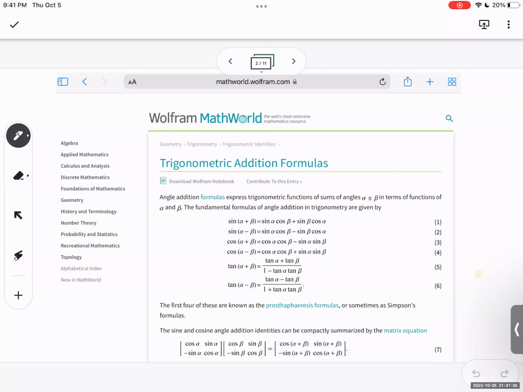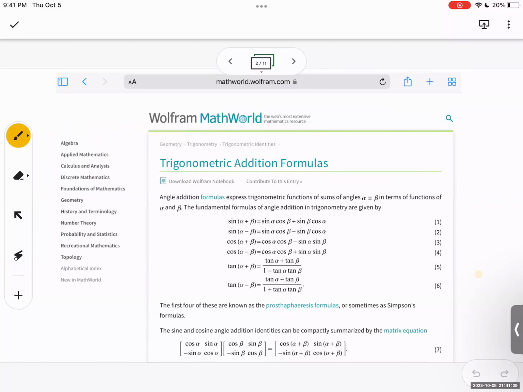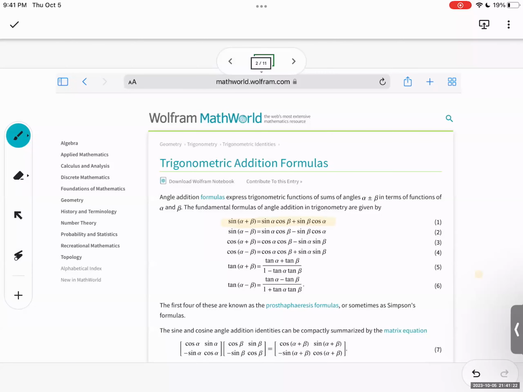In particular today, we need the top formula, the sine of the sum of two angles. For homework, you will need the cosine of the sum of two angles.